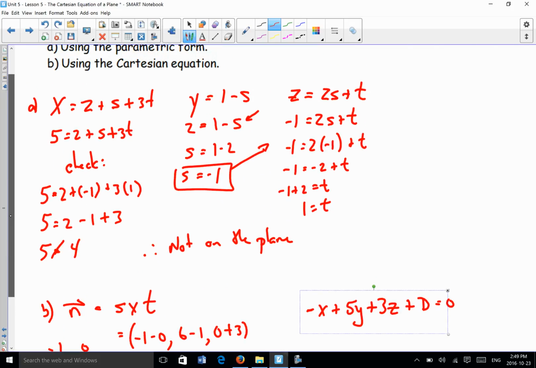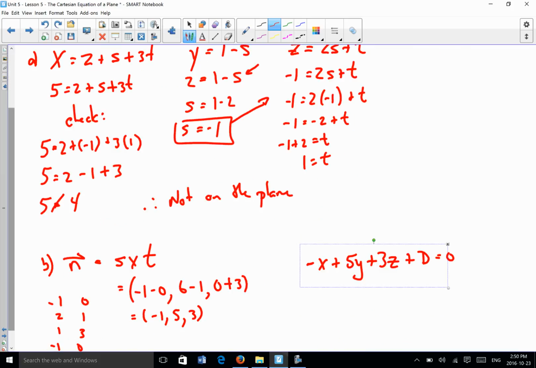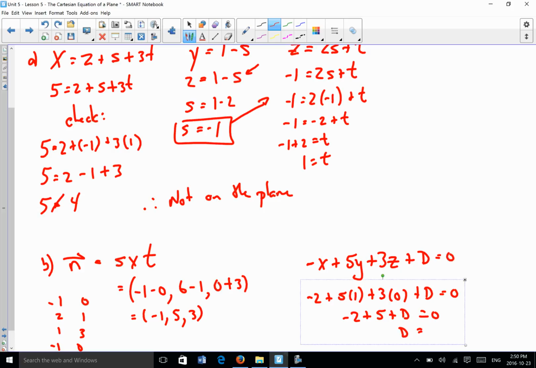Use the point that we know we were given, 2, 1, 0. Okay, so we have to use that one because we know that this one is on the line. We're not sure about point A, right? So 2, 1, 0. So negative 2 plus 5 times 1 plus 3 times 0 plus d equals 0. Negative 2 plus 5 plus d equals 0. 2 minus 5.